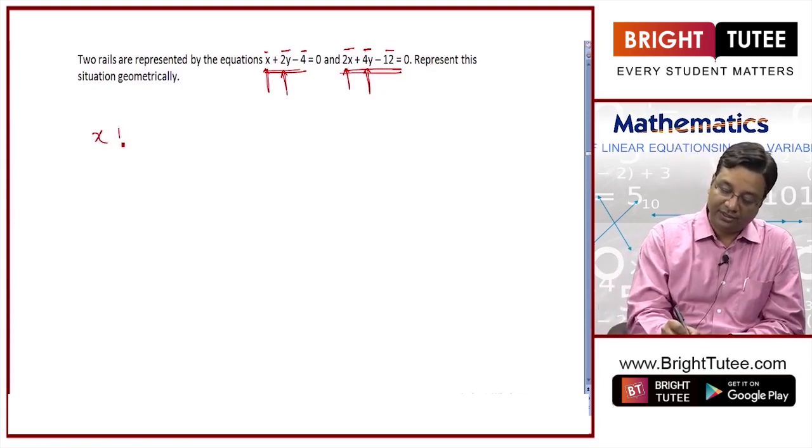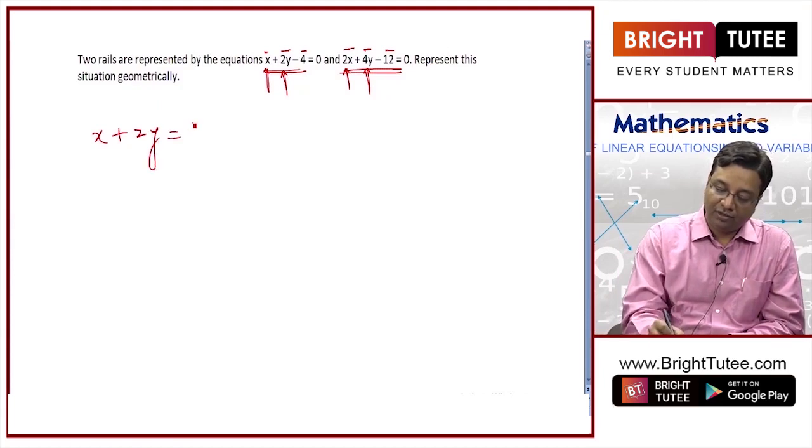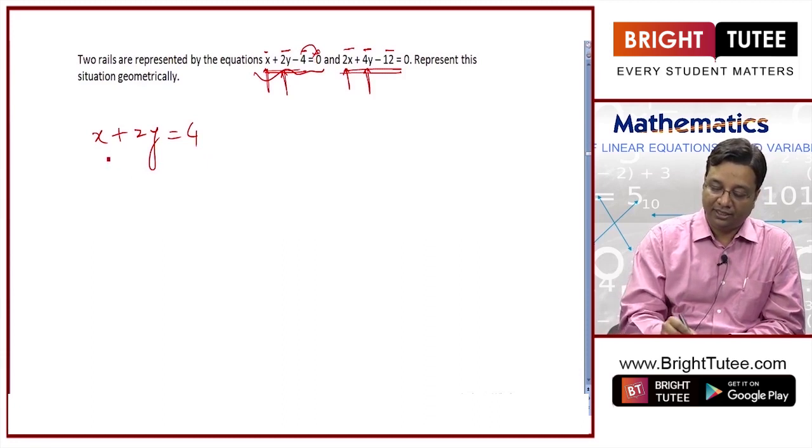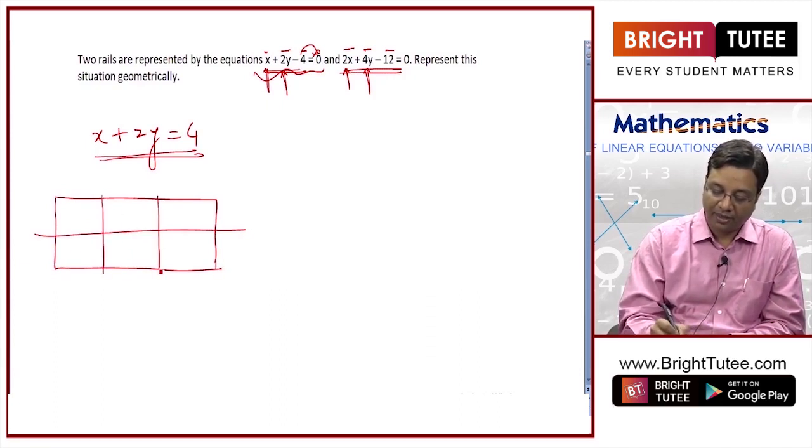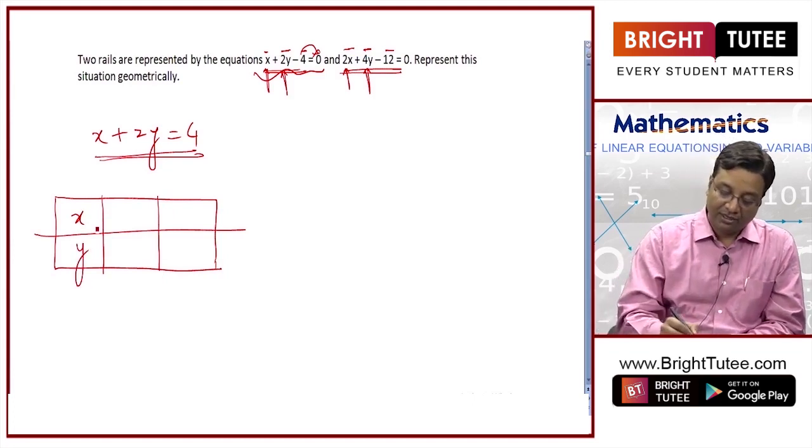So, let us write x plus 2y equal to 4, because 4 will be taken on the right hand side. So, this can be represented graphically by finding 2 points, which is the least requirement for drawing a unique line. So, x, y here, if I put y equal to 0, x will be equal to 4.